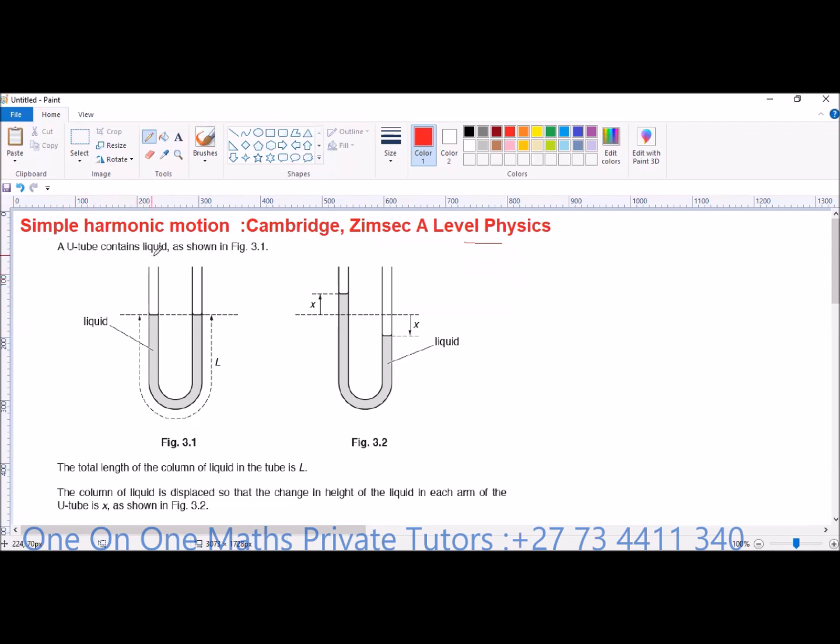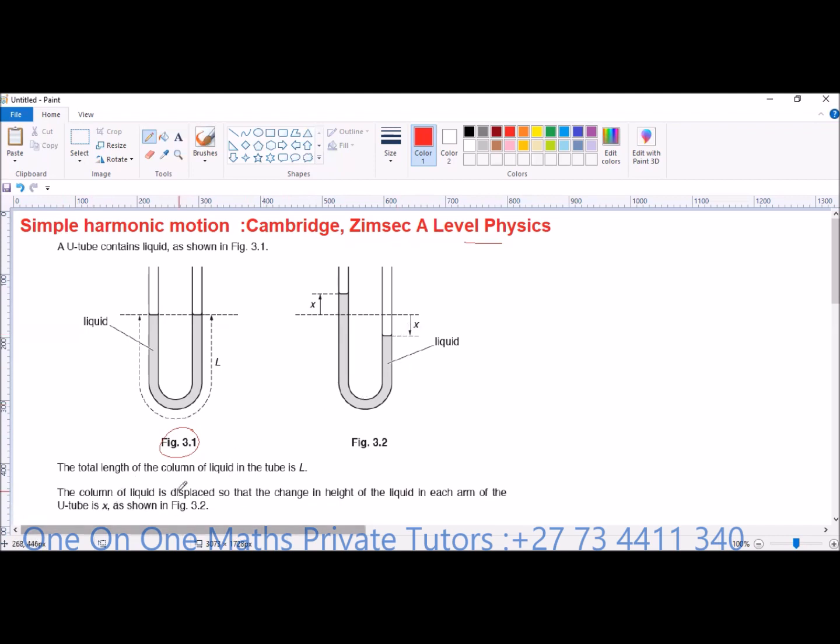A U-tube contains liquid as shown in Fig 3.1. So this is 3.1, the U-tube. The total length of the column of liquid in the tube is L, so this is the length from there all the way to there. The column of liquid is displaced so that the change in height of the liquid in each arm of the U-tube is x.